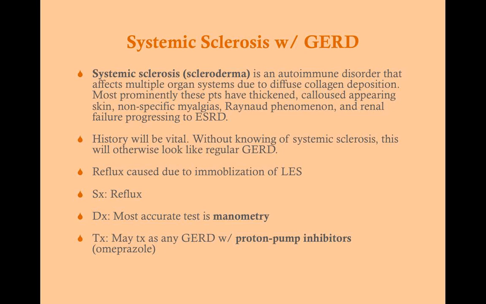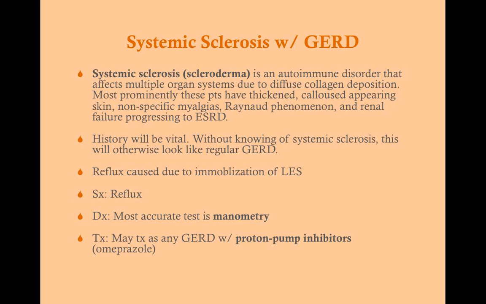And so it happens in the skin, it happens in the muscle, it happens in the small arteries, it happens in the kidneys. So therefore the history for diagnosing systemic sclerosis with GERD, or GERD secondary to systemic sclerosis, is going to be very, very reliant on the history. If you don't know that the patient has systemic sclerosis, you're going to just diagnose this patient with GERD.